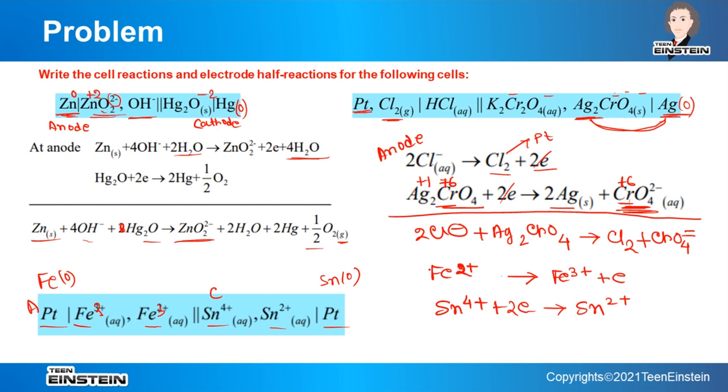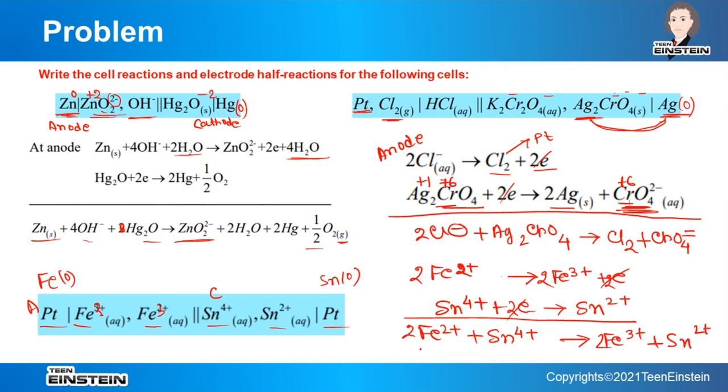Now as we will add these two equations, the number of electrons should be the same. So that is why we will multiply the first equation both sides by 2. So now the electrons can be cancelled. So ultimately the reaction becomes 2Fe2 plus plus Sn4 plus, converted to 2Fe3 plus and Sn2 plus.